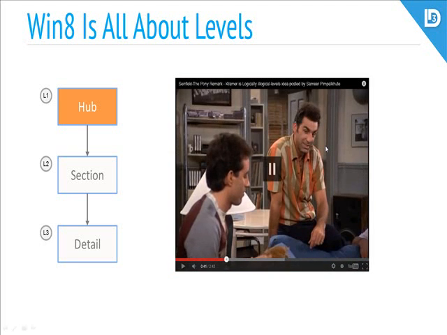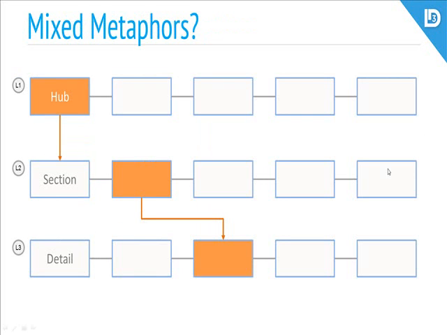Oh, I'll be comfortable. Alright, so maybe we don't have ancient Egypt, but Windows 8 really is all about levels. It looks hierarchical, but what you have is something more like a linear flow, but a stacked linear flow of different levels.